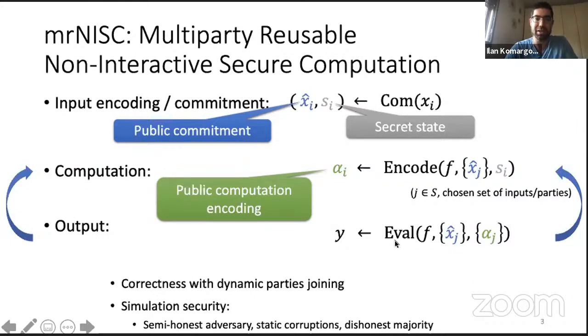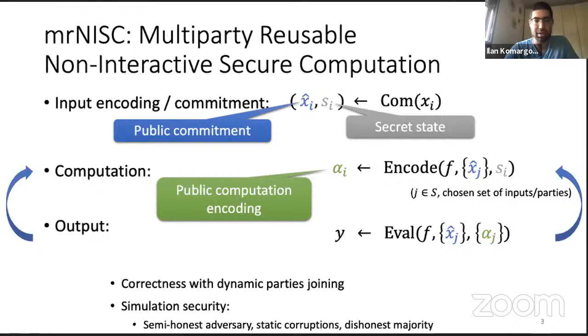So this is a very simple communication pattern for secure computation. And importantly, we want correctness even if parties join dynamically, as long as the computation proceeds, even perhaps after some of the parties already performed some computations. And in terms of security, in this work, we focus on semi-honest or semi-malicious security.